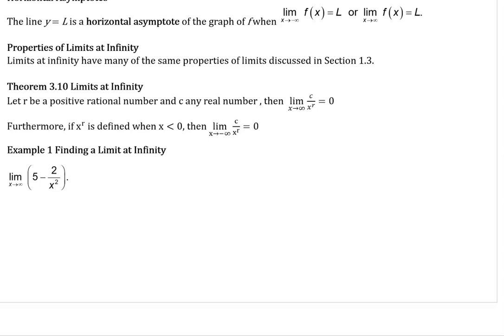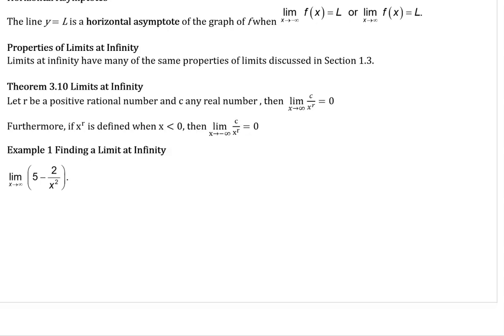The next theorem is going to help us evaluate limits at infinity for rational functions. This theorem says that if you have a real number c, so the numerator is just a number, and in the denominator you have x to the r, where r is a positive rational number, that limit goes to 0.